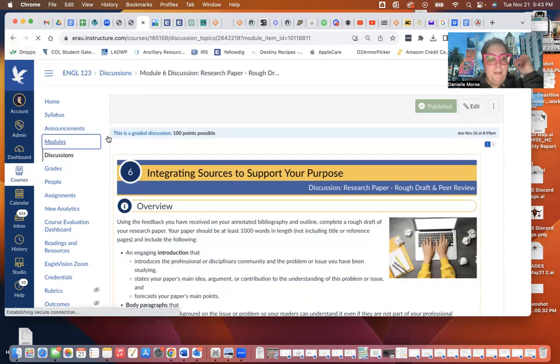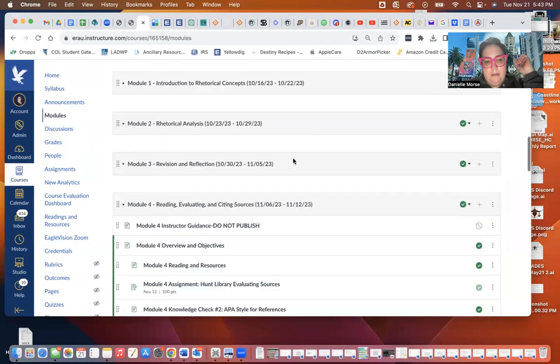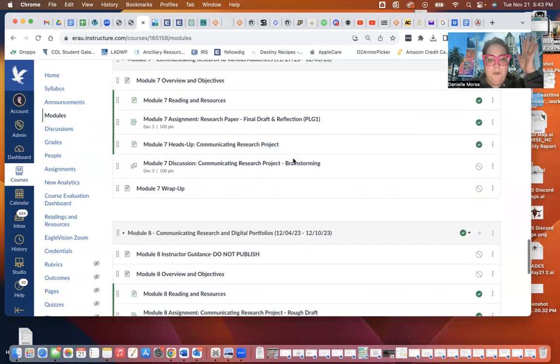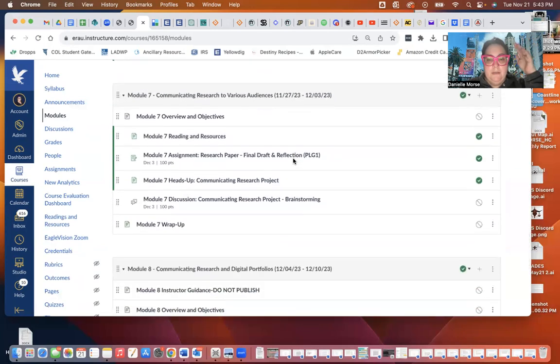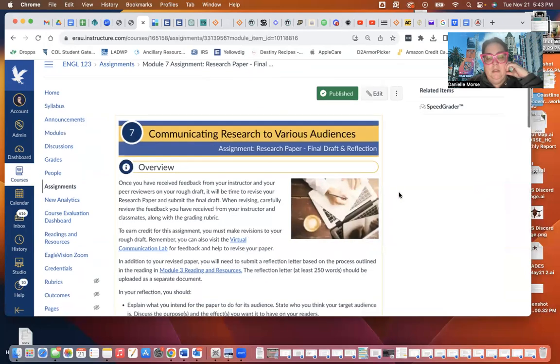However, what I want to focus on, and what you want to look at and be aware of as you're writing your rough draft, is the final draft rubric, because you want to be writing now in consideration of the actual rubric.